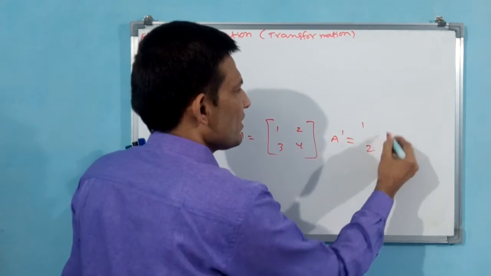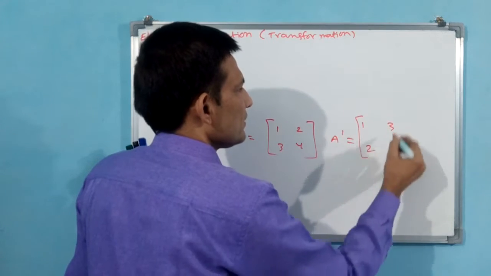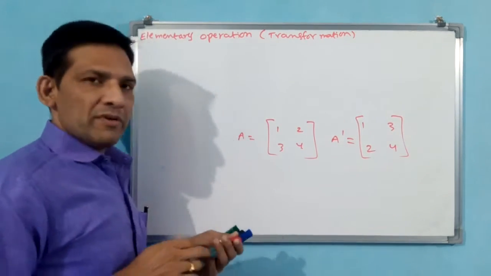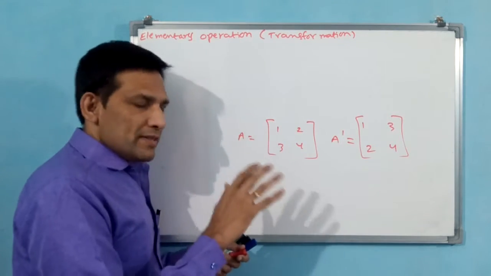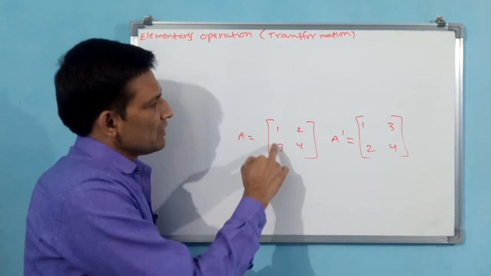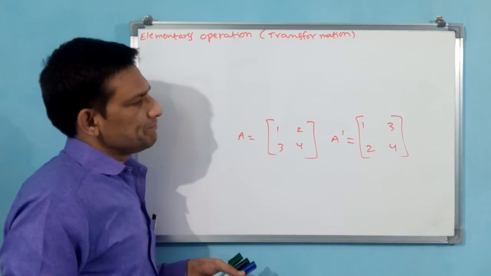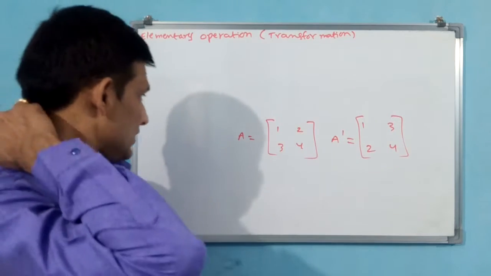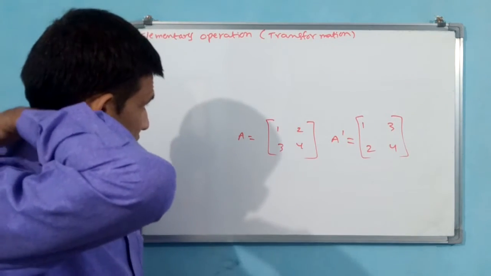Then this has become 1, 3, 2, 4. You might have observed that we think we have changed the rows, but if you see, even columns have also been changed.